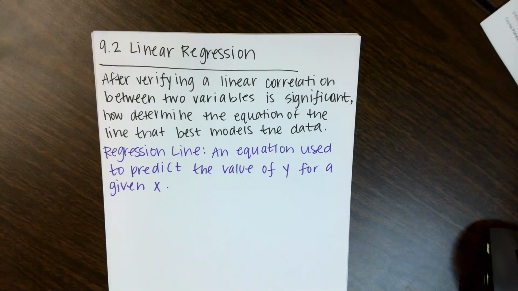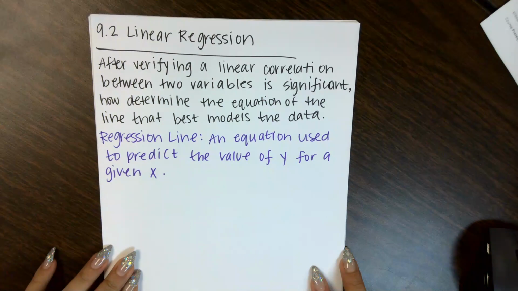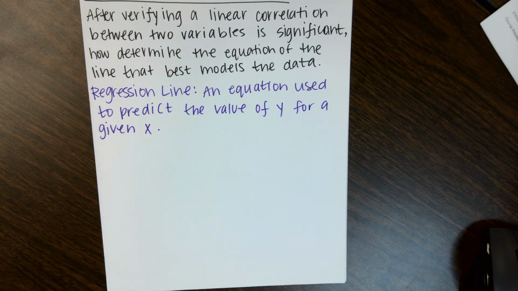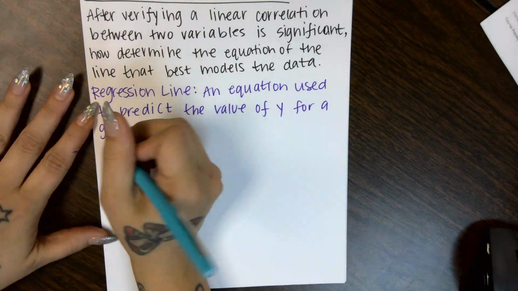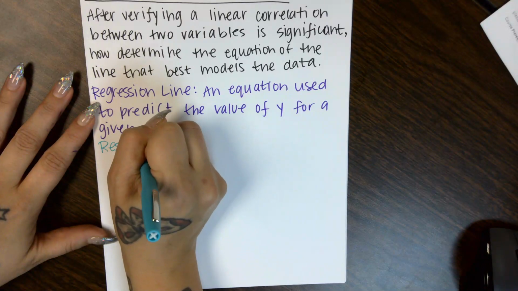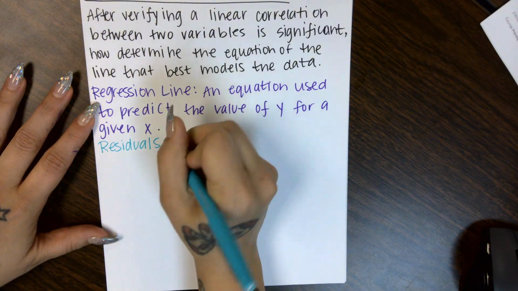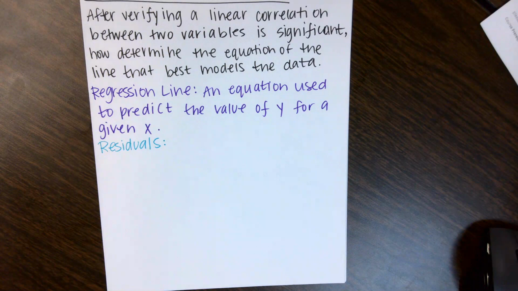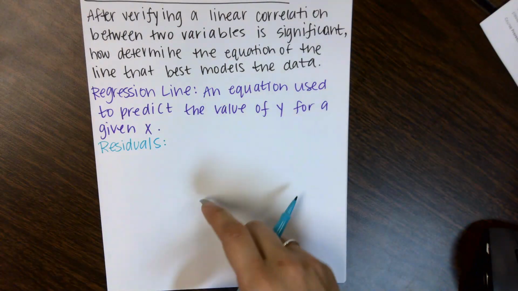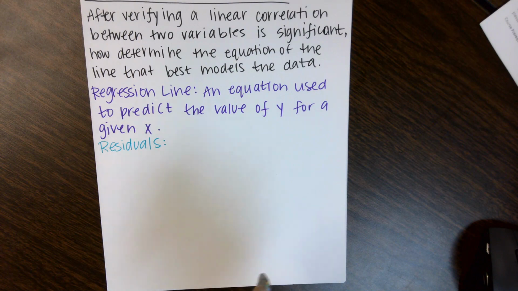Okay, so I need to define something else. They are known as residuals. Okay, so I'm going to do a little graph. I might have to change pages to do it. I'm pretty sure I will. And the actual graph is going to kind of show what's happening here.